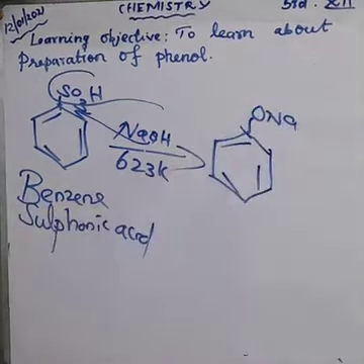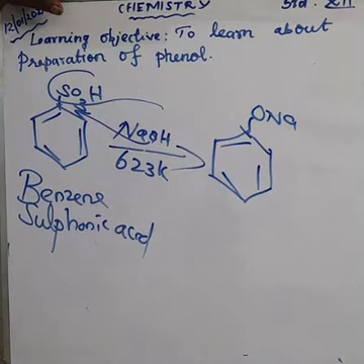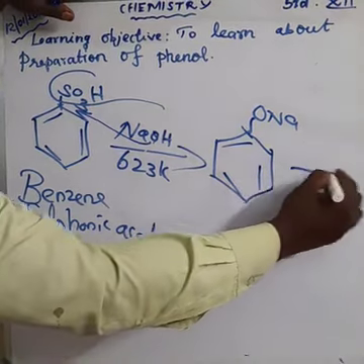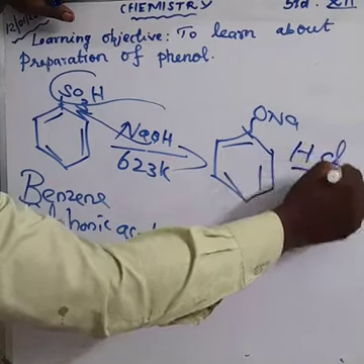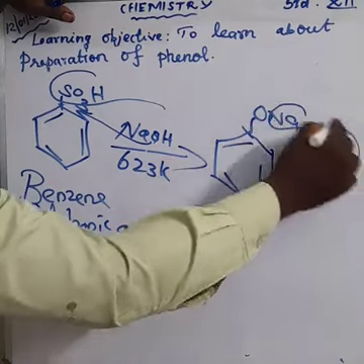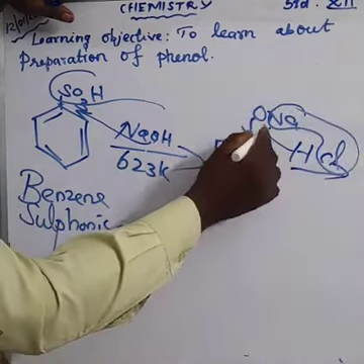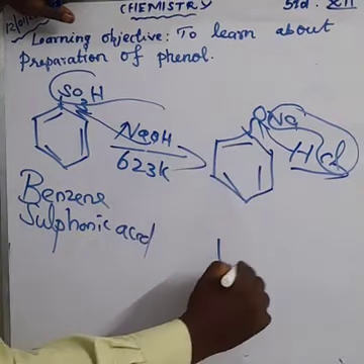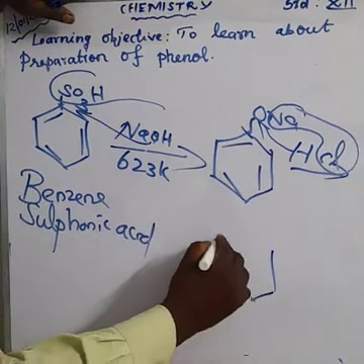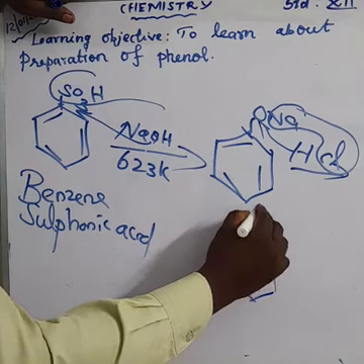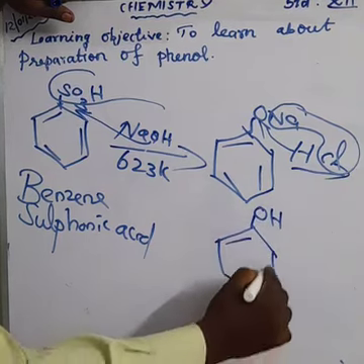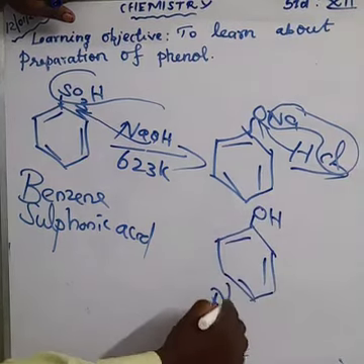That is sodium phenoxide, followed by acid hydrolysis, adding hydrochloric acid. Na combines with the chlorine to form NaCl. The hydrogen is attached to the oxygen atom, so we get phenol.